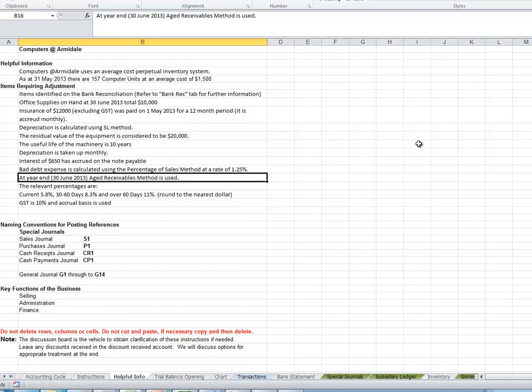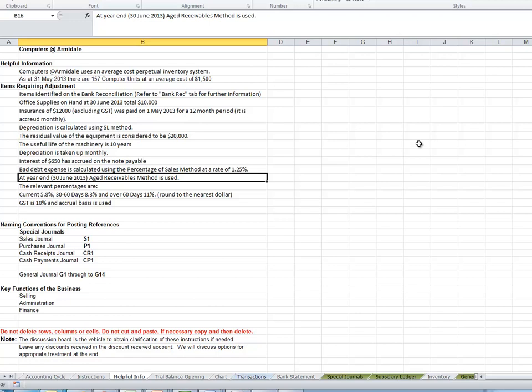So imagine in practice, if you had 157 computers on hand in a computer store, there you really need an inventory calculation for each type of computer. So you'll have your laptops, you'll have your desktops, you'll have your notebooks, you'll have all sorts of other computers, and then with each of those categories you'll have different class of computers as well. So we've simplified this by putting them all in together.